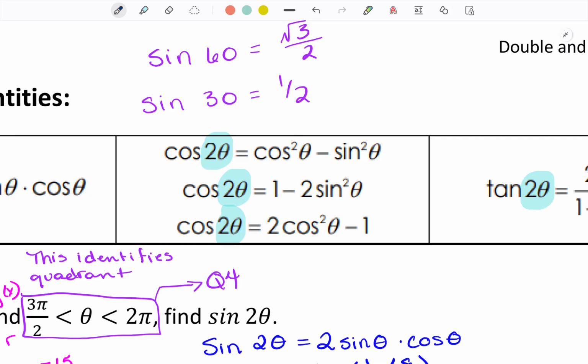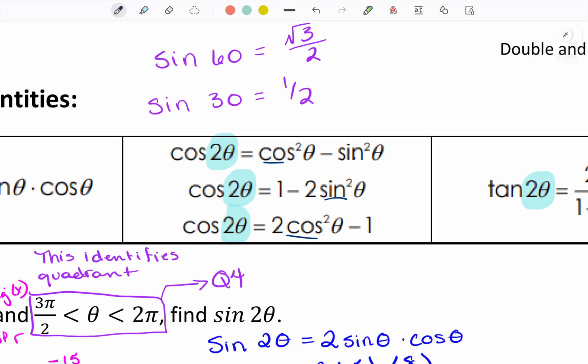So I am given tangent. No matter what, I'm going to have to find my hypotenuse because I am going to have to use a function with my hypotenuse because all of these involve sine and cosine. So I'm actually going to use this bottom one, that 2 cosine squared theta minus 1.